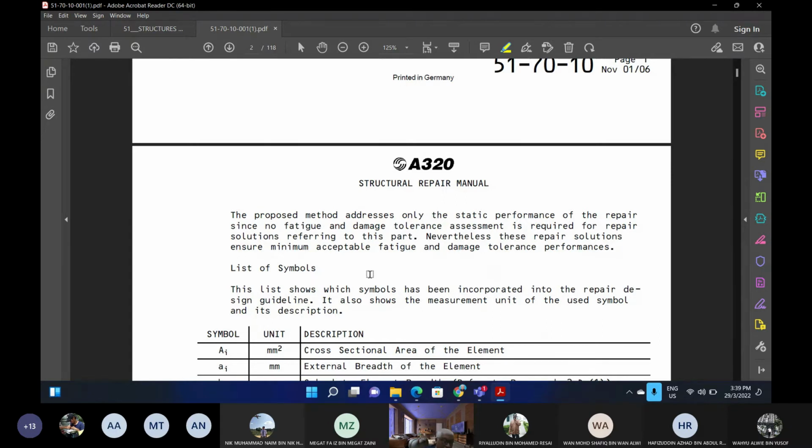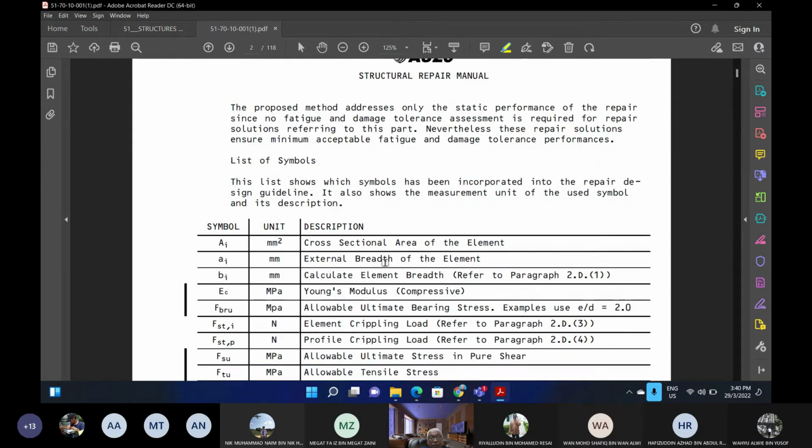This manual already has built-in fatigue and damage tolerance principles in that kind of activity. So that's why we have shot peening, we have heat treatment, we have hydrogen embrittlement. Those are some of the elements for you not to fail prematurely because of fatigue and damage tolerance. And then next you can see the list of symbols.